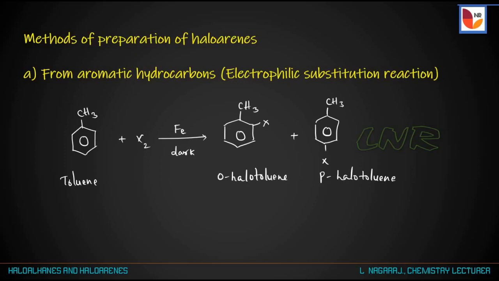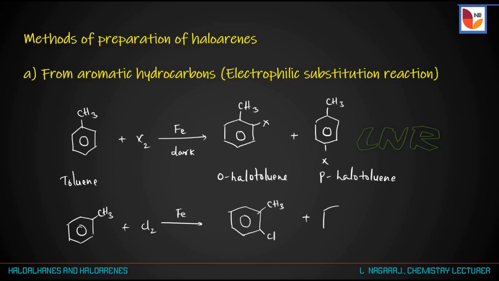Let us take an example, when toluene reacts with chlorine in the presence of iron as a catalyst, the positive part attaches at the ortho and para positions.